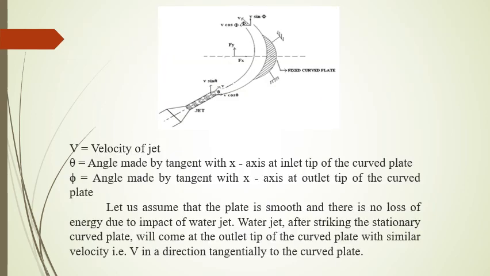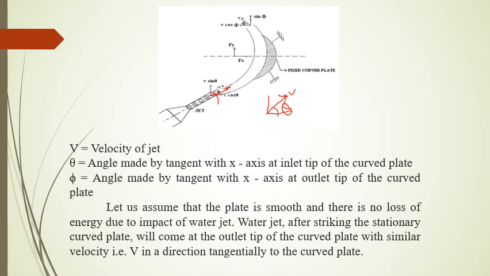Let us assume the velocity of the jet is v and theta is the angle here. This is the velocity of the jet v, and theta is the angle made by the tangent with x-axis at the inlet of the jet.